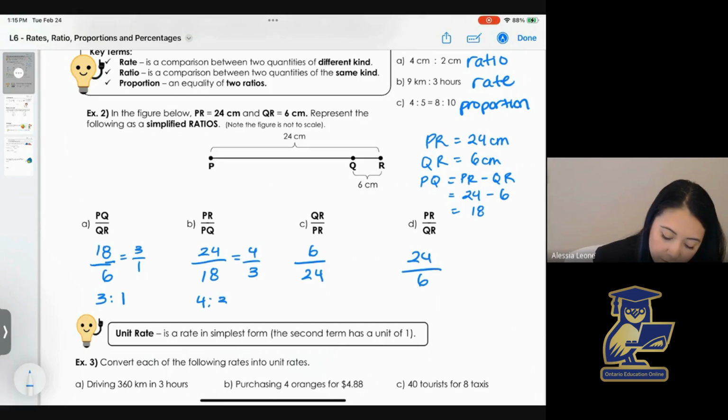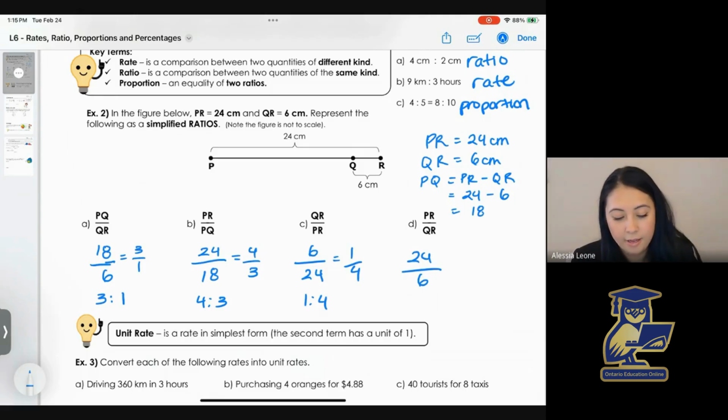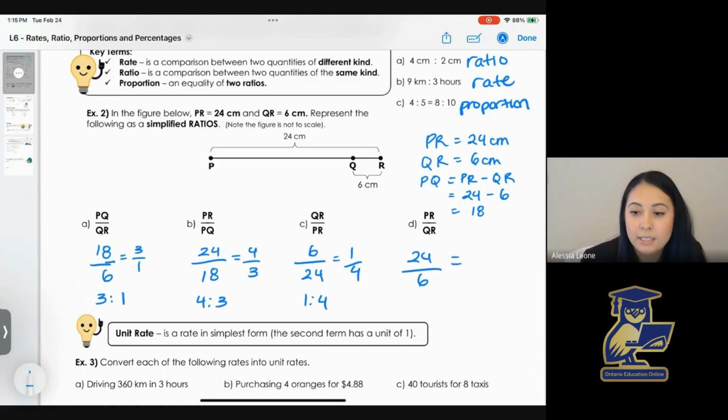Our ratio, 4:3. 6 over 24 can get simplified to 1 over 4. Our ratio is 1:4. And our last fraction can get simplified. 24 divided by 6 is 4. So our ratio would be 4:1, because we know that is over 1.